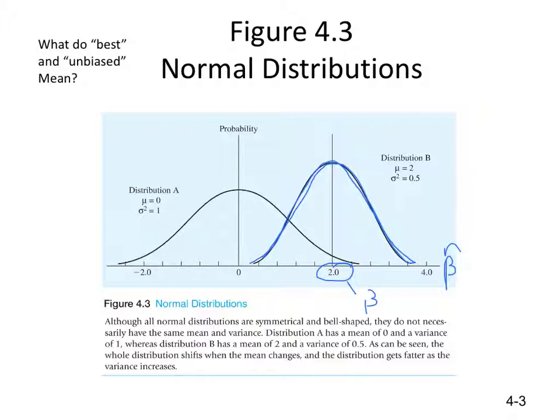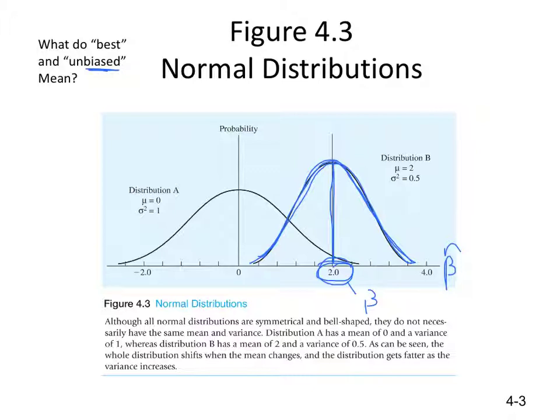So if our true beta is equal to 2, and this is the distribution of beta hat values that arose in repeated samples and repeated computations of beta hat, then the fact that it's centered on the true unknown beta would make it an unbiased estimator. That's what unbiased means.